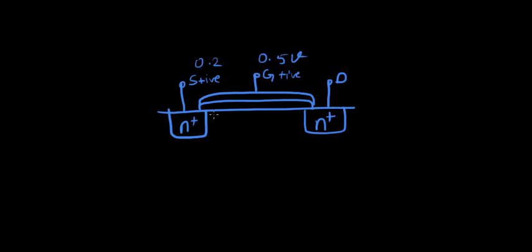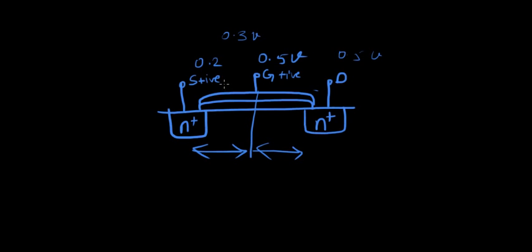What happens to the channel is now this area is going to have a different voltage as compared to this area, correct? The voltage difference between the gate and the drain is going to be 0.5 volts, while here the difference is 0.3 volts.